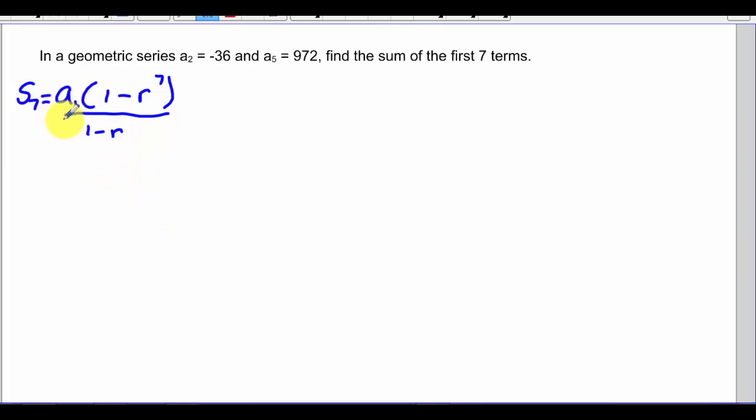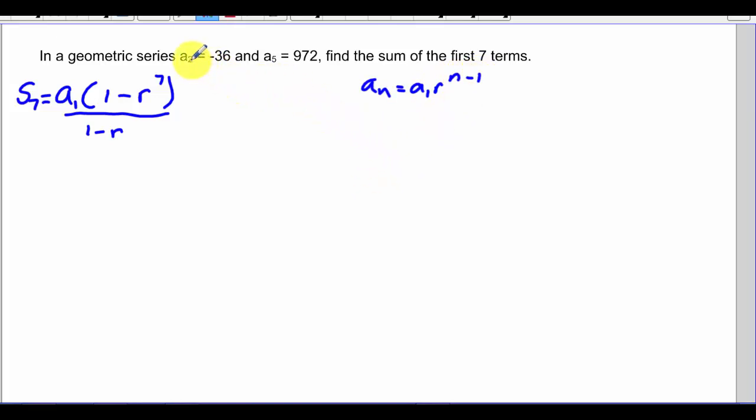Problem is we don't have the first term, so let's start by getting that, and then maybe we can get the ratio and get this problem done. I have a sequence equation that says the nth term is equal to the first term times the ratio to the n minus 1 power.